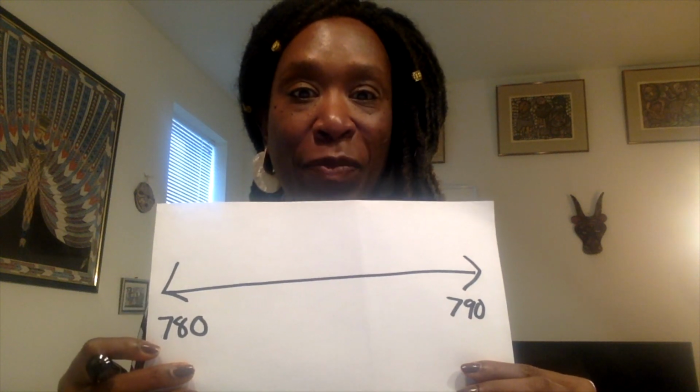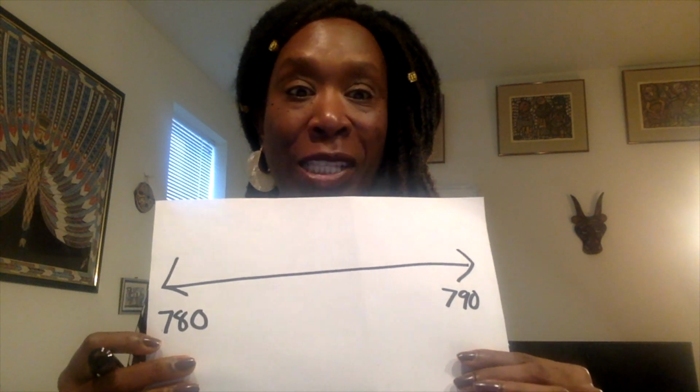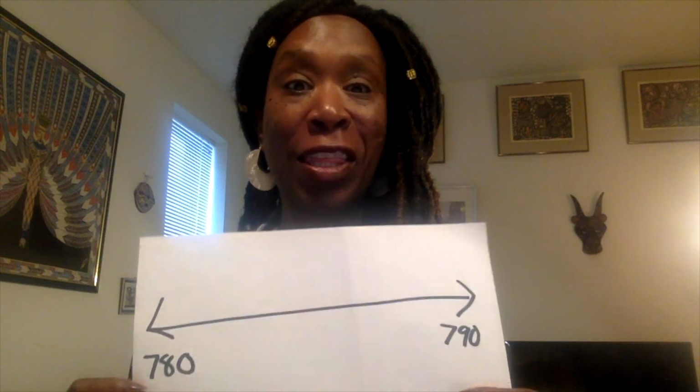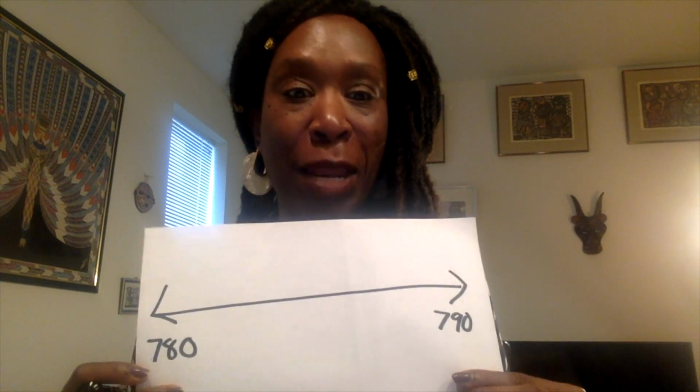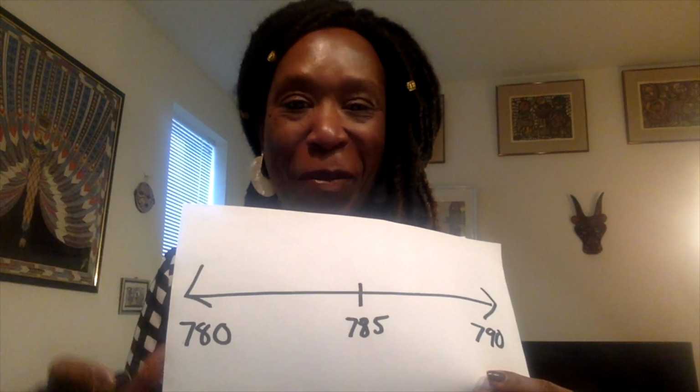Did you start off with this as your number line? I'm going to give you a couple of seconds to tell me what you think the midpoint is. What is the midpoint for this problem? 785. Excellent job.